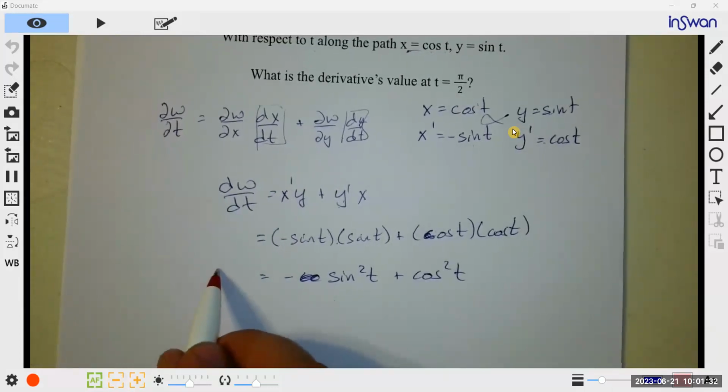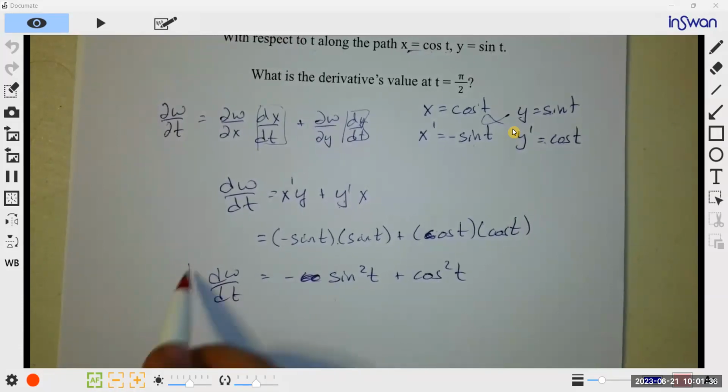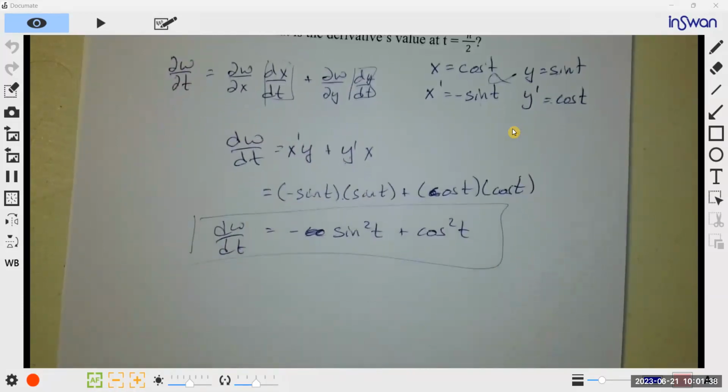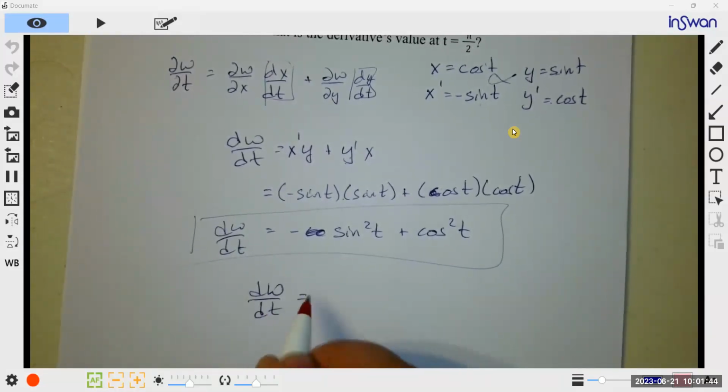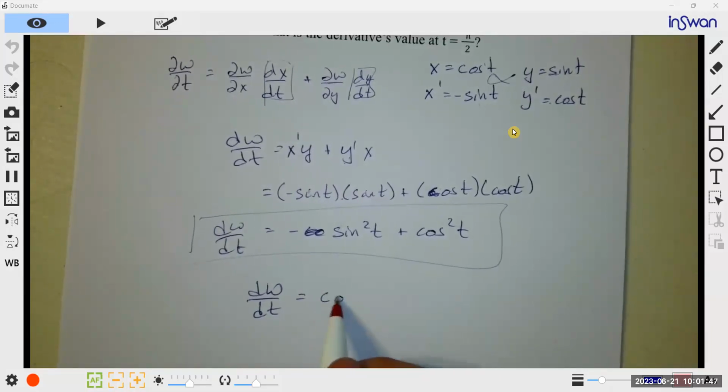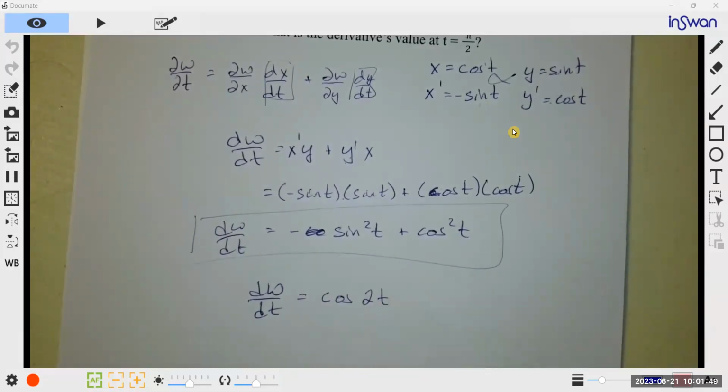Now, we could stop there, saying that this is our derivative, but looking at our sheet of trigonometric identities, we could simplify this as cosine of the double angle.